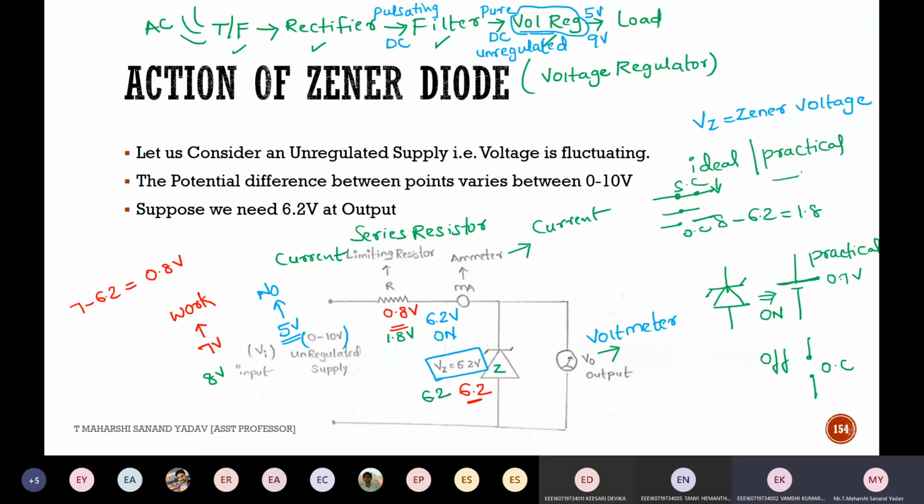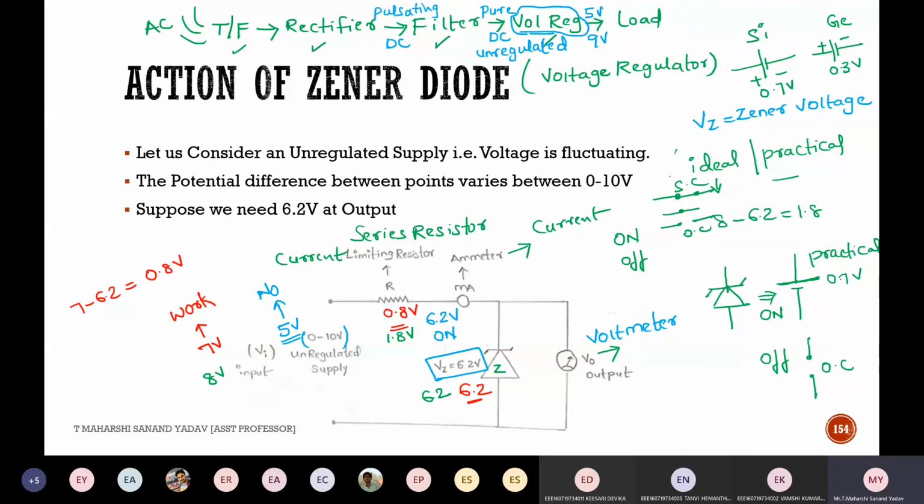Whereas for a practical diode, we need to replace it with the cut-in voltage. If it is a silicon diode, the cut-in voltage is 0.7 volt, or 0.6 to 0.7. If it is germanium, I need to replace it with 0.3. This is the difference. For a practical diode, we replace it with the cut-in voltage, whereas for an ideal diode, it is only either on or off.